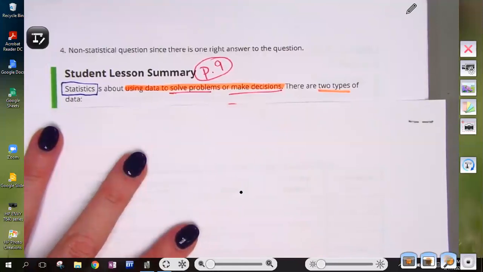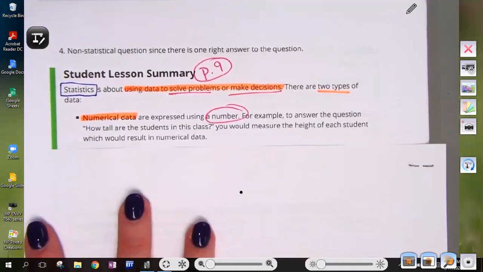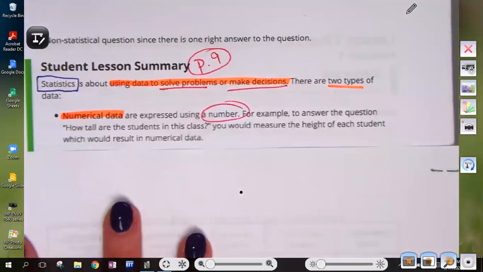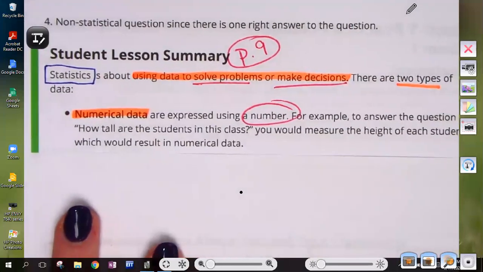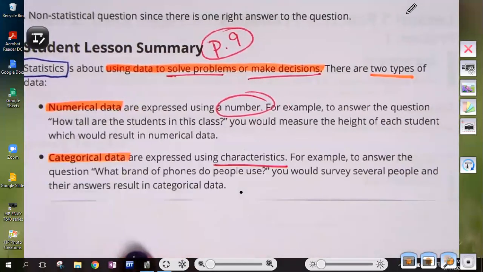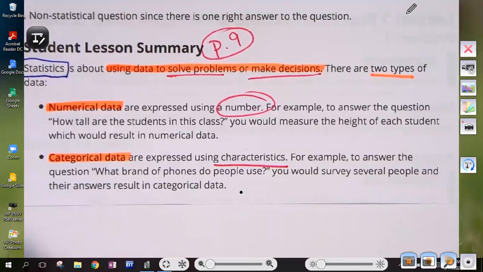All right, we did learn about 2 types of data. One of those was numerical data, which we said gives us a number response. Sorry, I want y'all to be able to see this. Next we had categorical data, which expresses it using the characteristics of what you're talking about, favorite color, favorite vehicle, that kind of stuff.